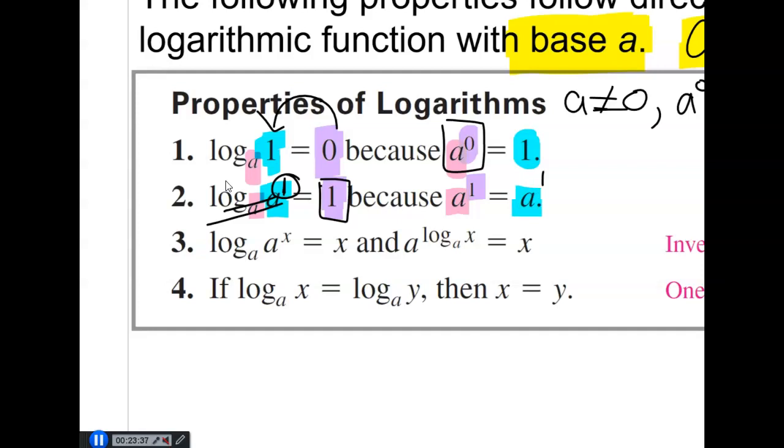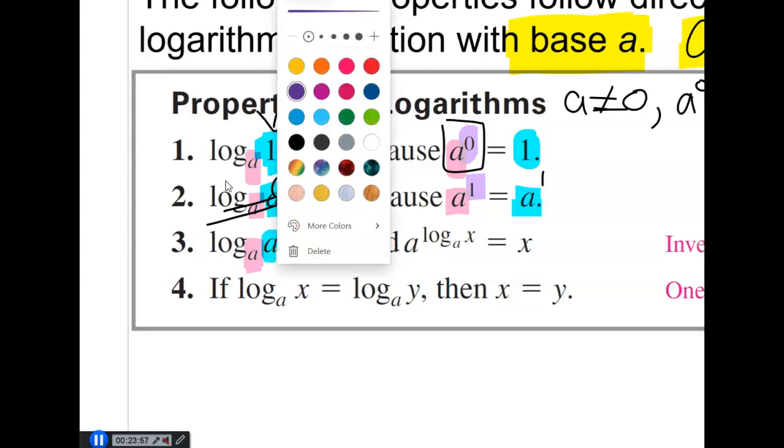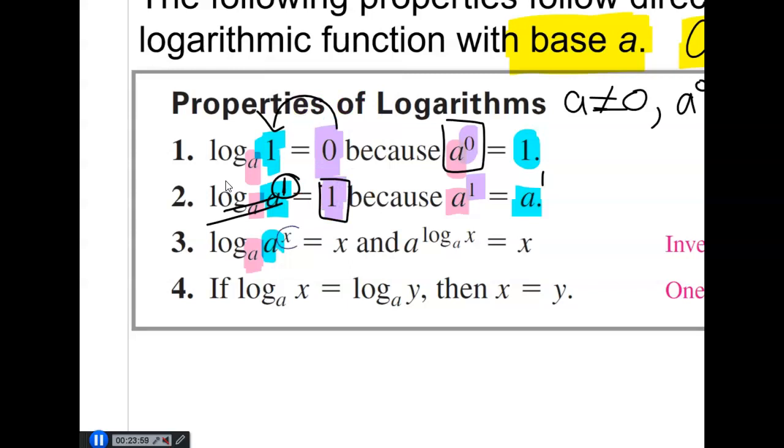Okay, property number 3 is the same as 2, but here now we do have an exponent. So we see the base matches the argument. So then the answer to this will be whatever is left as the exponent of the expression. So right here, that x, that will be the answer. So I also like to think of it like they cancel each other out, because after all, they are inverses of each other.